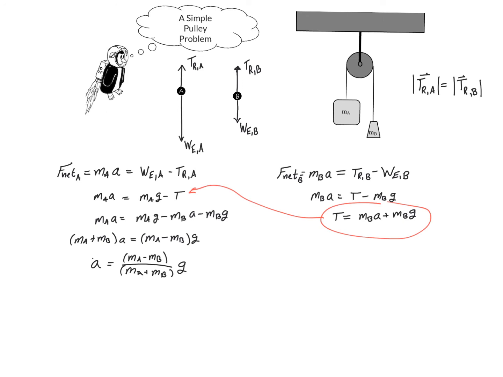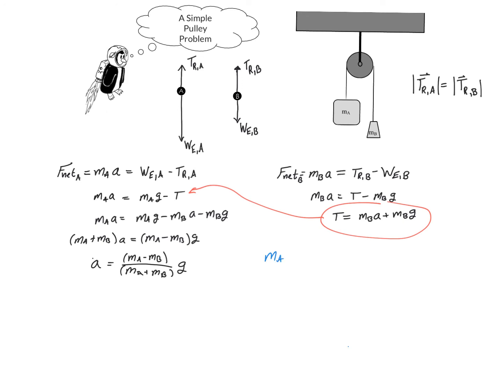Once you have the acceleration, you can plug it back in to find the tension, in case you have a situation where you're worried that your rope might snap. So for some of you, I know you prefer numbers when visualizing these things, so let's just make up some numbers here.